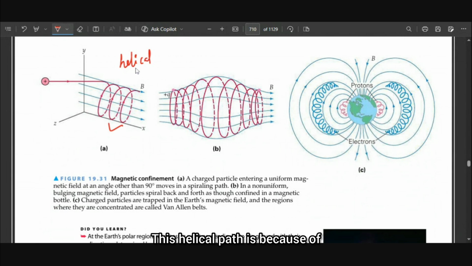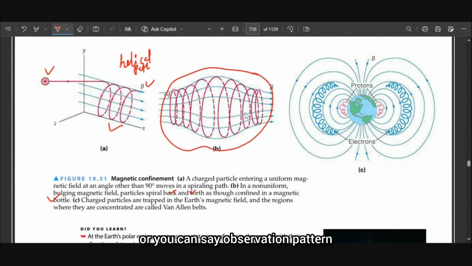This helical path is because of the nature of charge and the direction of the magnetic field. Whereas in a non-uniform bulging magnetic field, the particles spiral back and forth as though confined in a magnetic bottle, just like that. A very unique observation pattern.